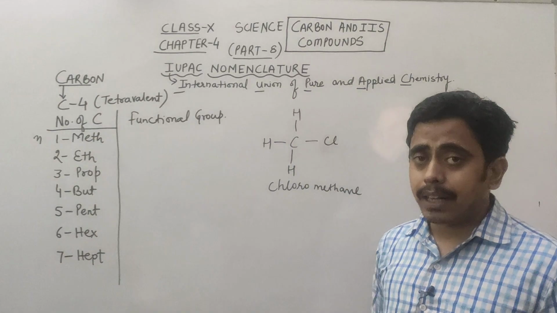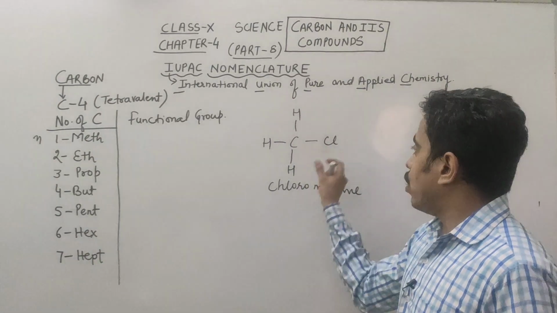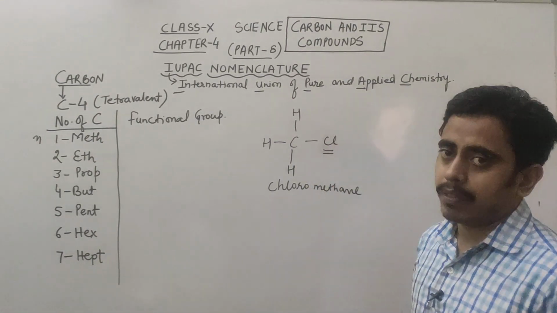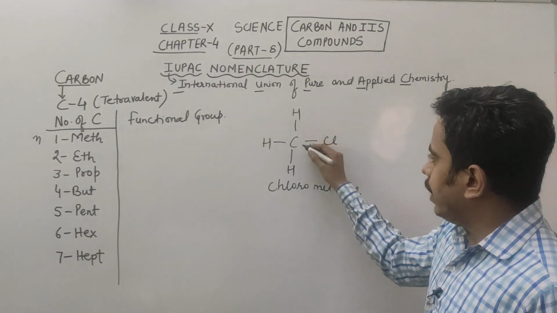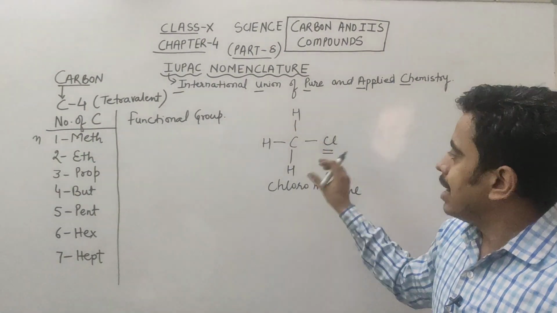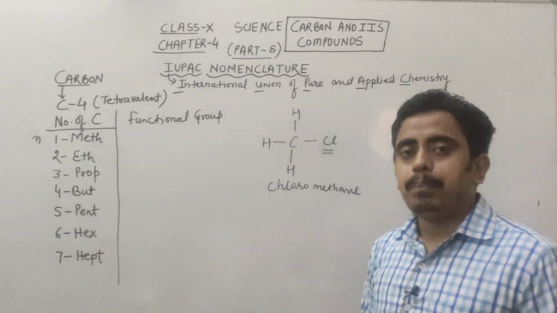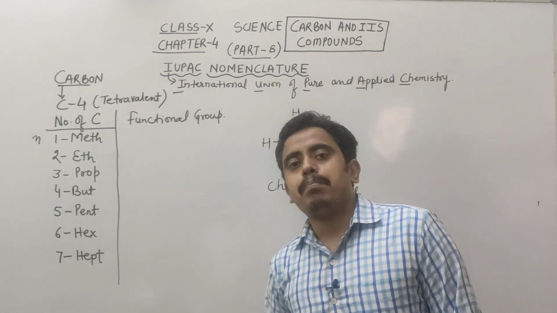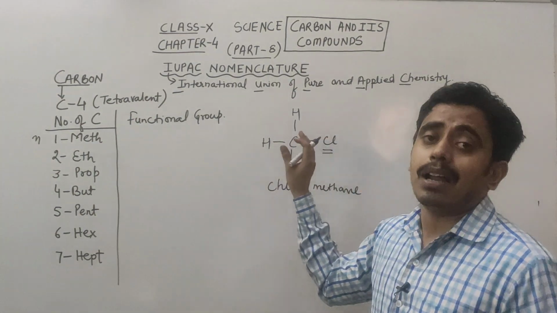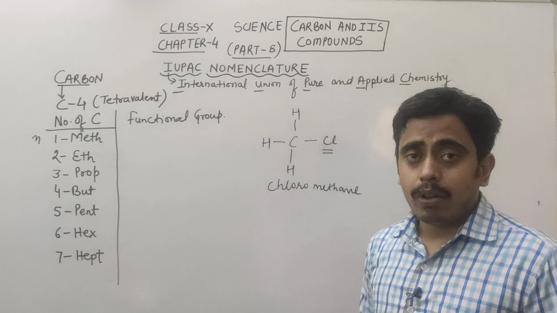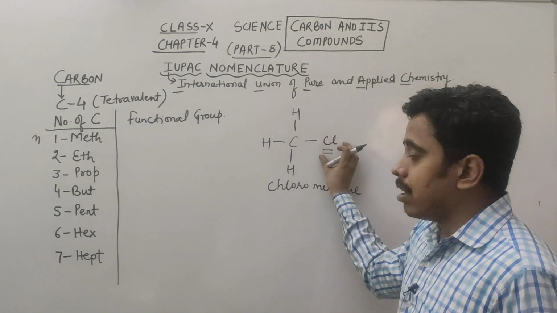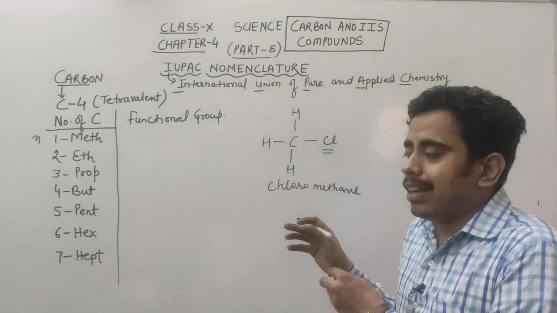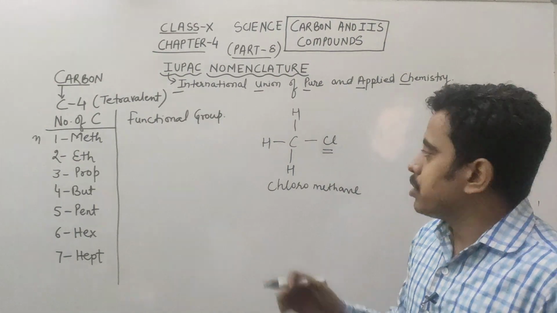Methane for 1 carbon atom and chloro for the Cl atom joined here. When the atom is joined here with the methane, this atom completely changes the property of this carbon compound. So from this we can get the knowledge of functional groups.